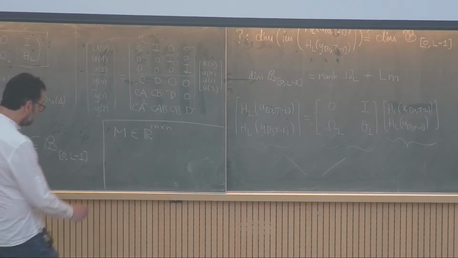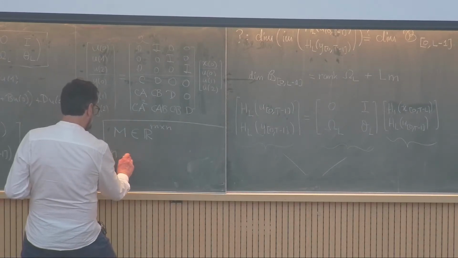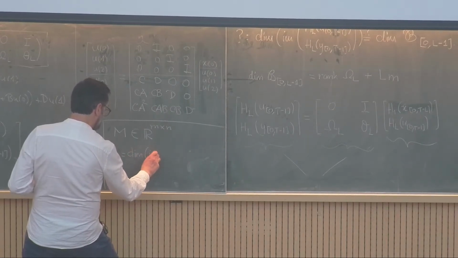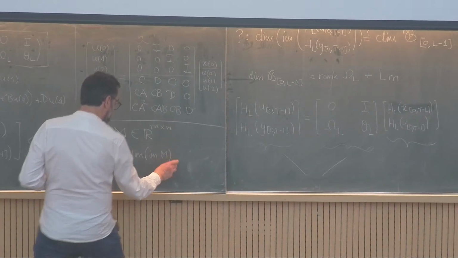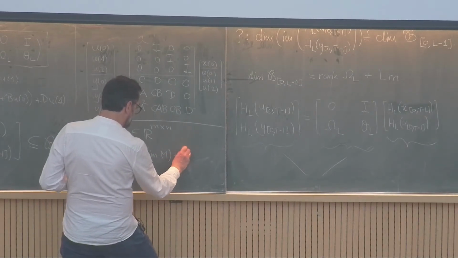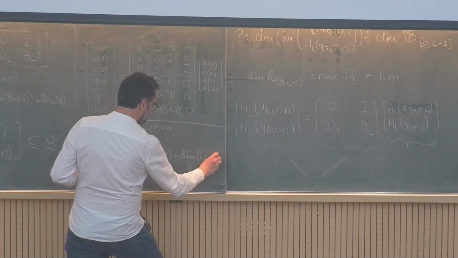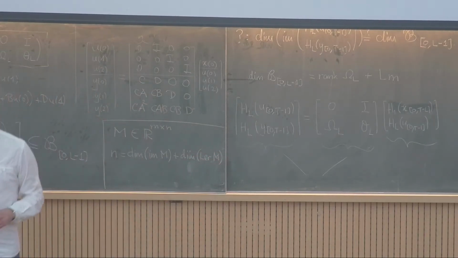And it says that the dimension of the image of M plus the dimension of the kernel of M add up to N.